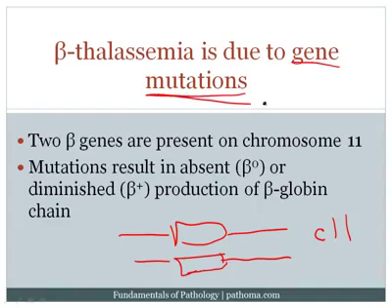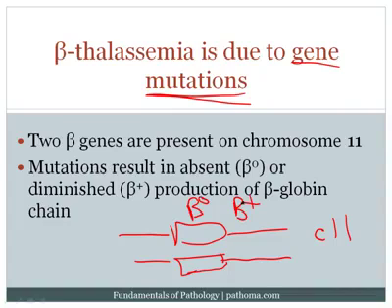Remember, alpha thalassemia, gene deletions. Beta thalassemia, gene mutations. Now, these mutations can create a variable production of beta chain. If the mutation results in complete knockout of the ability to produce beta chain, then we call that beta null. And if the mutation results in decreased production of beta chain, then we call that beta plus. So these are the 2 possibilities.